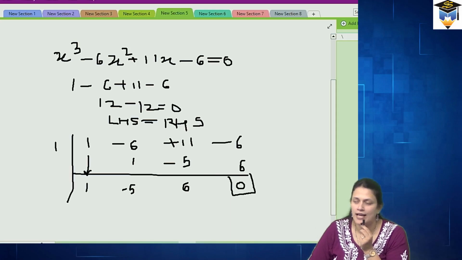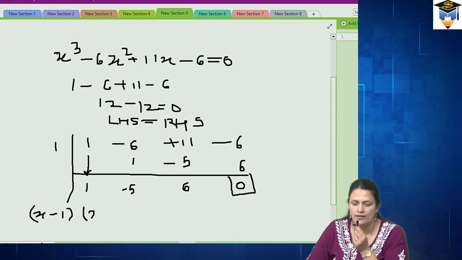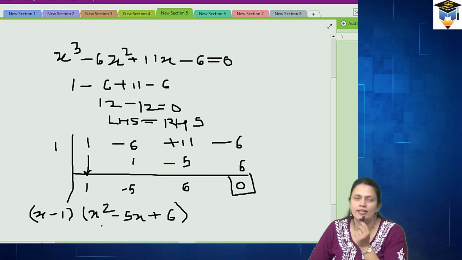So now we have 3 roots. X minus 1 is one of the roots. X square minus 5x plus 6 is the other. So this is a quadratic equation. You can solve it by splitting the middle term. 6 के factors हमें ऐसे निकालने हैं, so that we get the middle term equal to minus 5.